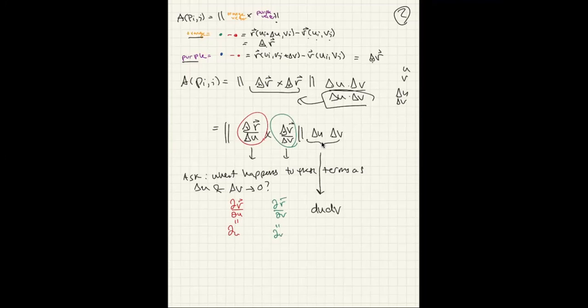So the final product, we have that the area of the surface is the limit of the partial sums.